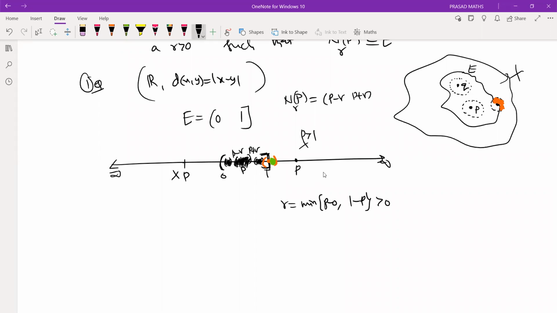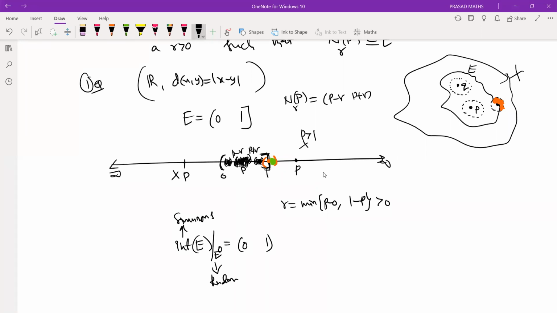So what are the interior points? 0 excluded, 1 excluded: all the points inside 0, 1. The set of all interior points is denoted by int of E. This is one notation, and this is another; you can follow any notation according to your exam.